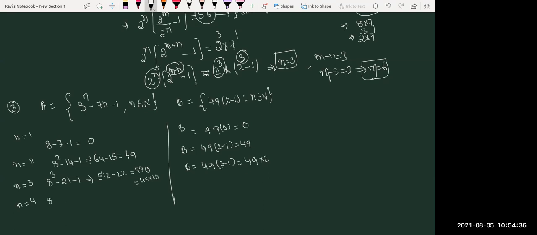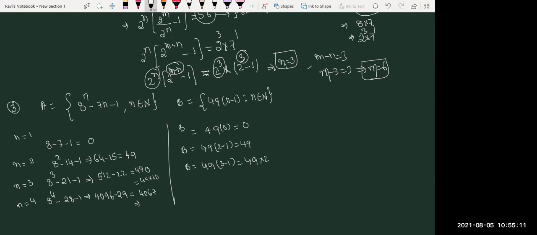N equal to 4: 8 power 4, and 7 fours are 28, minus 1. 8 power 4 is 4096. Use a calculator and try to find out. 4096 minus 29 is 4067.